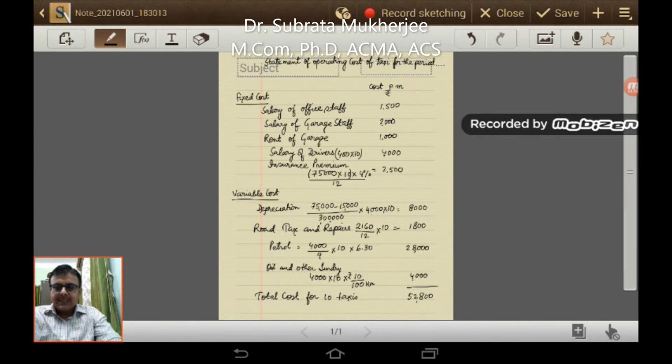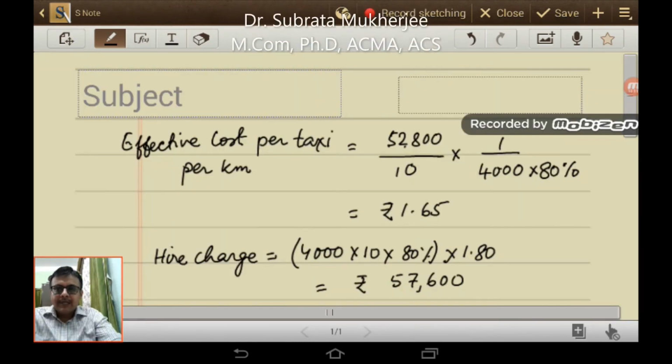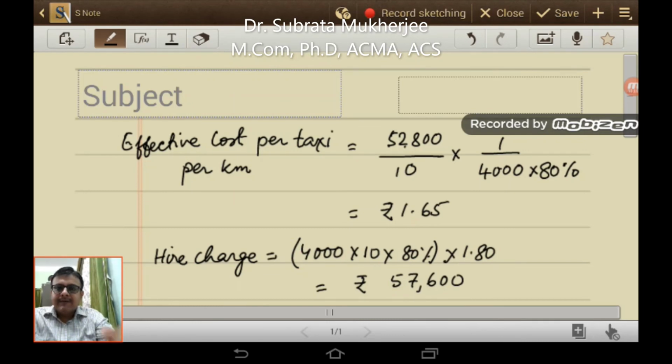Now our objective is to find out the amount of profit and the total fare received by Mr. Khan. So the effective cost per taxi per kilometer. 52,800 is the total cost of 10 taxis. So for cost per taxi I have divided it by 10. So 52,800 divided by 10 will give you cost per taxi per month.